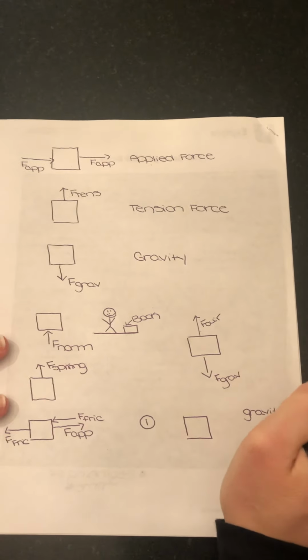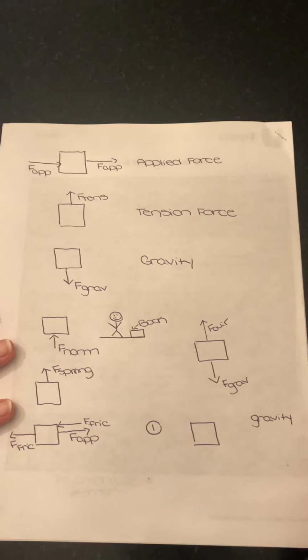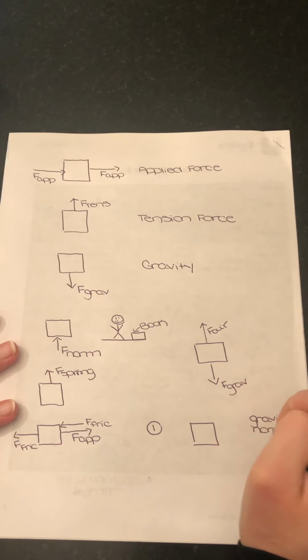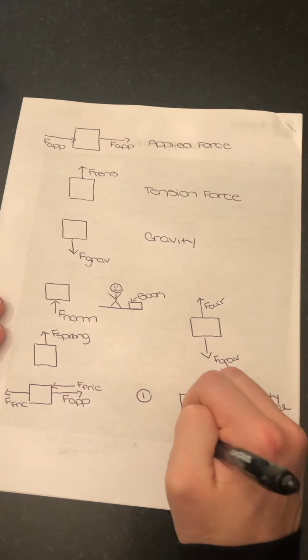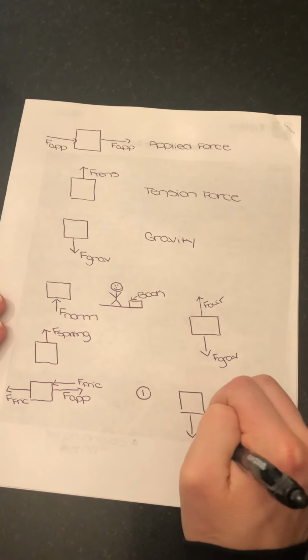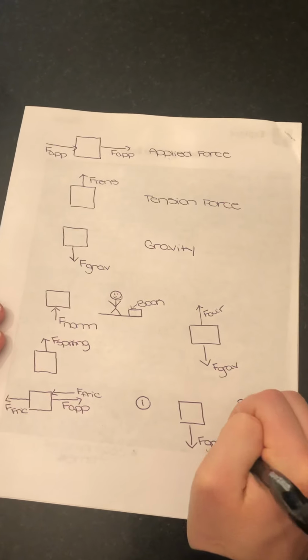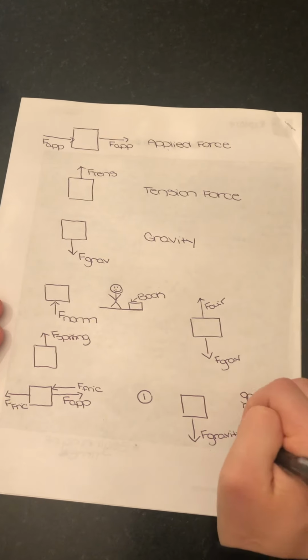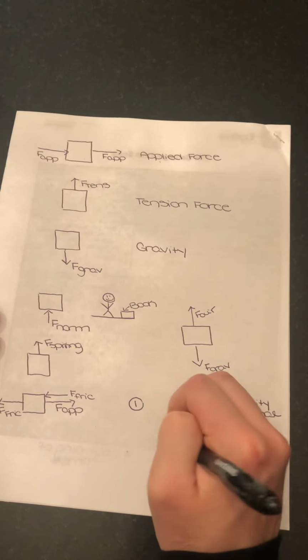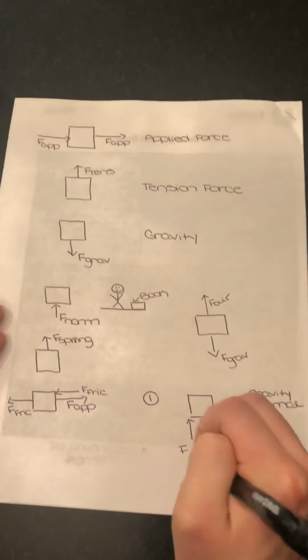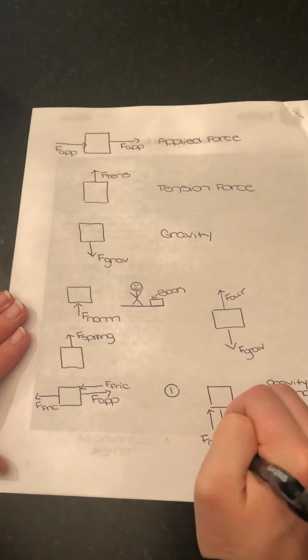And then the table would be pushing back up on the book, so we would call that the normal force. So gravity always pulls down, so you would label that F of gravity, or just grav. And then the normal force pushes back up, so that would be F norm.